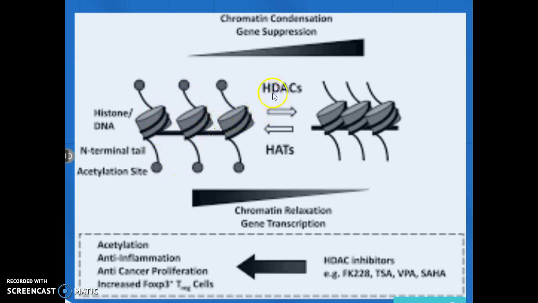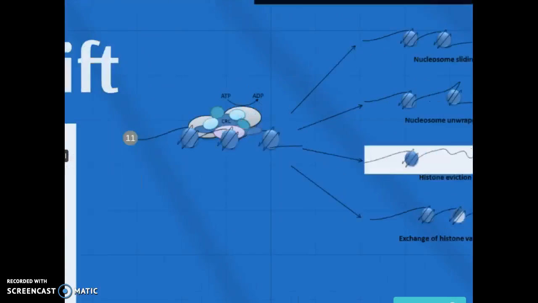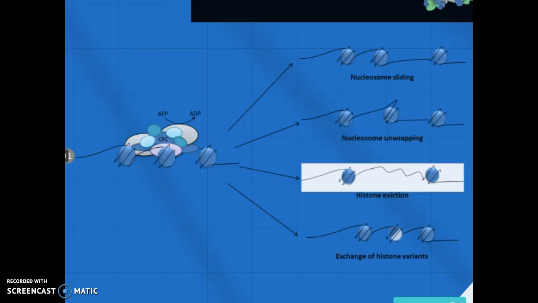When you add the HDACs, you will be removing those acetyl groups and tightening up that nucleosome structure again. In this image, you can see this ATP used in order to slide the nucleosomes and unwrap and loosen pieces of that strand.